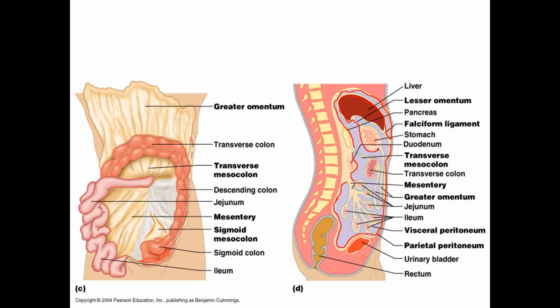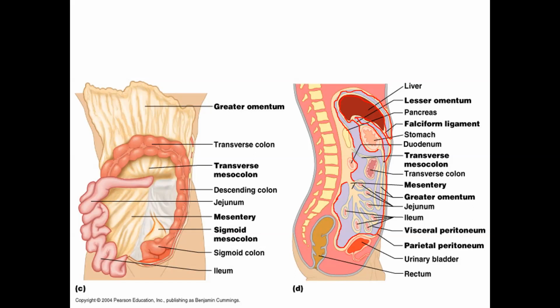Are you following me? Okay, so now remember we finished this side. So this is the parietal peritoneum lining the anterior abdominal wall, and then right here it starts to travel toward the liver and covers part of the liver and then travels toward the stomach and covers the stomach and then goes down.